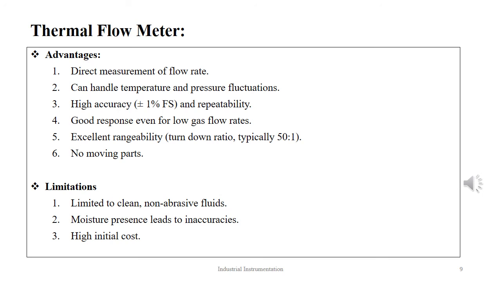The limitations that these flow meters have are they can only cater to clean and non-abrasive fluids. The presence of moisture in the fluid can lead to much inaccuracies and the initial cost is pretty significant.